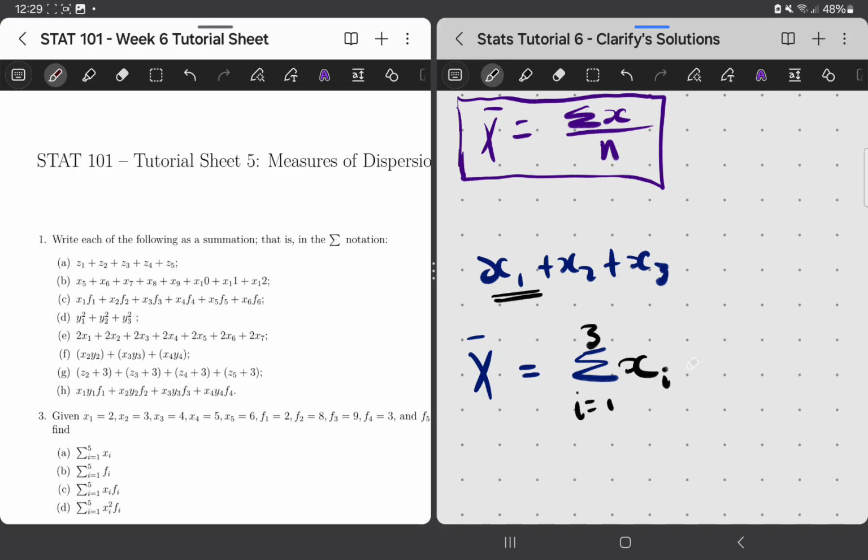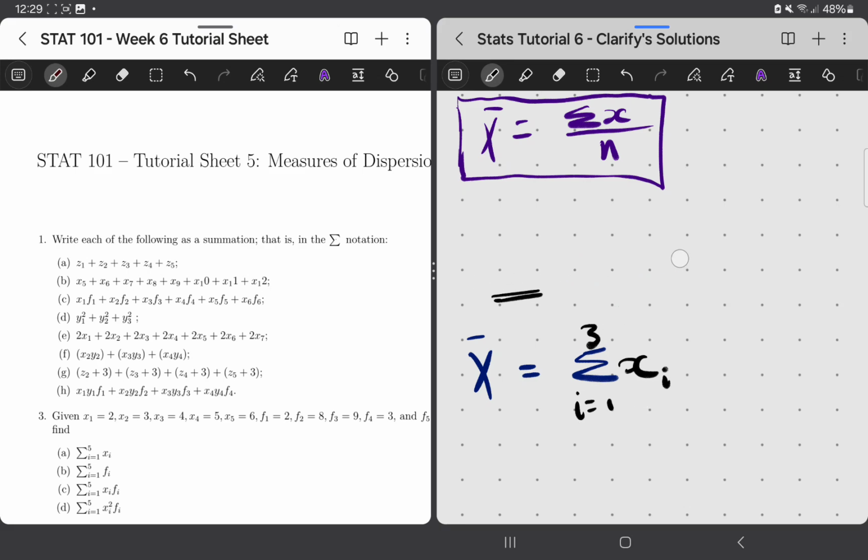So where there is i, this just tells you where you are going to be summing, where you're going to be changing. So whenever I see a term with an i, it's the one that is going to be increasing in number. And we use the numbers that will be here to know which one.